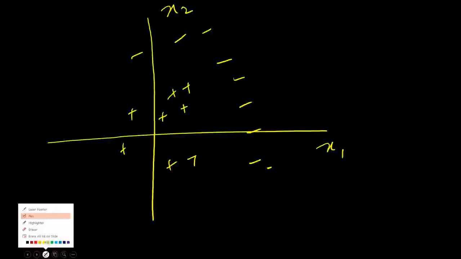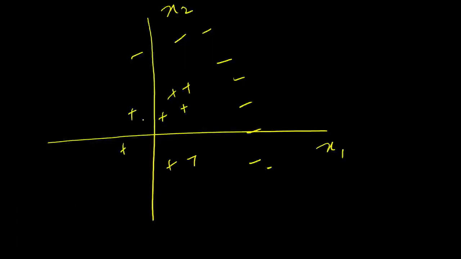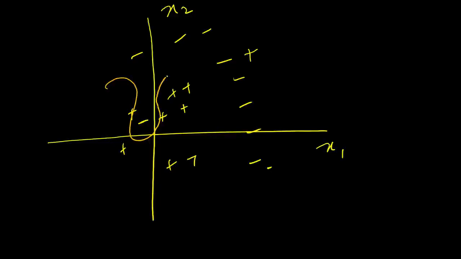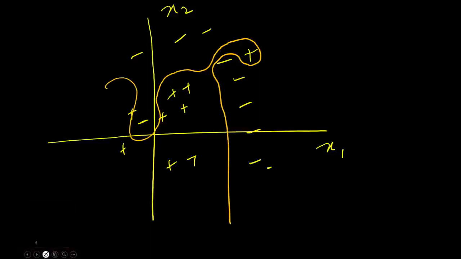Let's go back here. So let's say there is a negative point here, there's a positive point here. Okay, these points came because of some mistakes, right? Now, do we want a boundary that basically goes like this? Okay, if you want a complicated boundary like this, then we need a lot of support vectors, right? Those support vectors are going to be the points that seem to be close to the boundary.